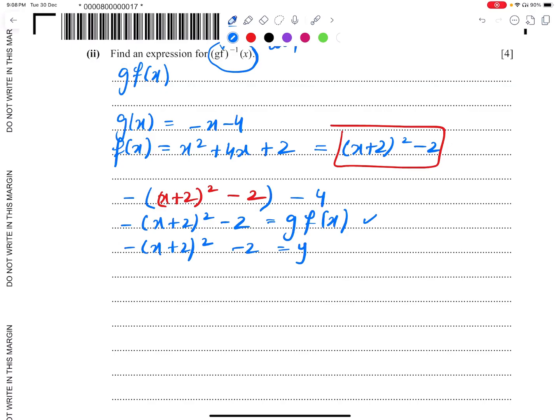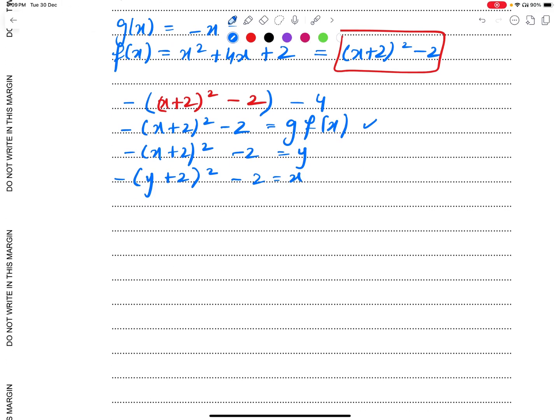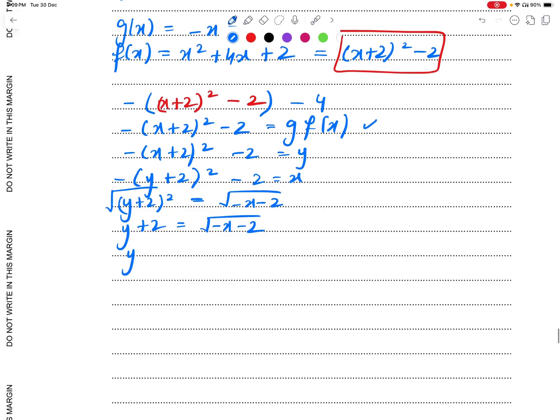Again, I'll replace x with y and y with x. I'll make y the subject of the formula now. That is going to be y plus 2 whole square under root is going to be equal to negative x negative 2 under root. Y plus 2 is going to be equal to negative x negative 2, and that's going to be y is equal to negative x negative 2 negative 2.